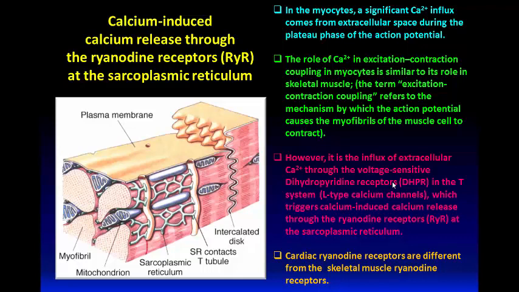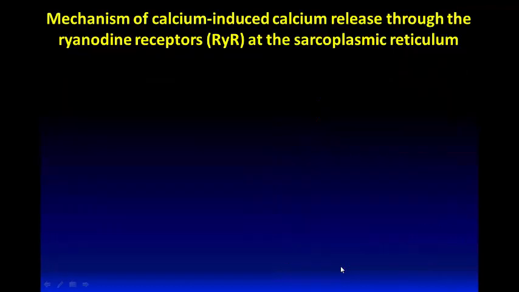In the membranes of the sarcoplasmic reticulum, we have calcium channels, which are also known as ryanodine receptors, because ryanodine, a chemical substance, can bind to these receptors. The ryanodine receptors in the sarcoplasmic reticulum of the cardiac muscle cells are different from those in the skeletal muscle cells.